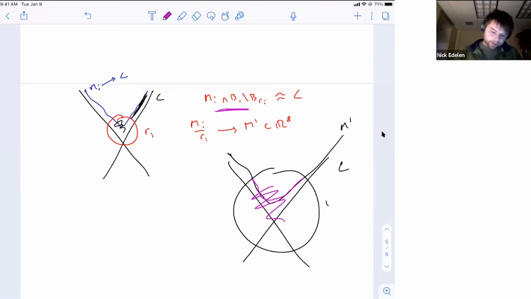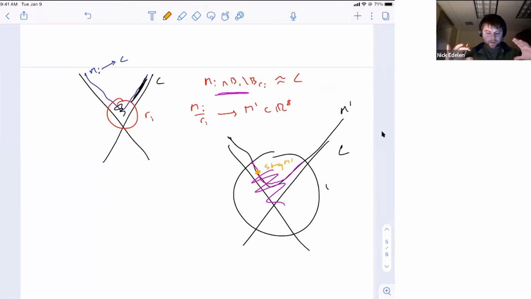But in general, these minimal surfaces might have singular points. So let's say there's a singular point. On the one hand, the density of M prime at infinity is the same as the density of the cone. But on the other hand, if you choose your radii in a very clever way, you can ensure that the M_i primes are not cones.